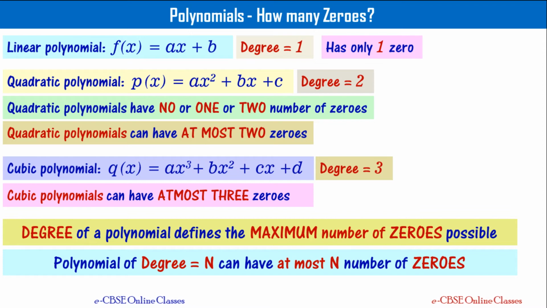For example, polynomial of degree 1, that is linear polynomial, has got only one zero. Quadratic polynomial of degree 2 has got at most two zeros. Cubic polynomial of degree 3 has got at most three zeros. Similarly, a polynomial of n degree can have at most n number of zeros.